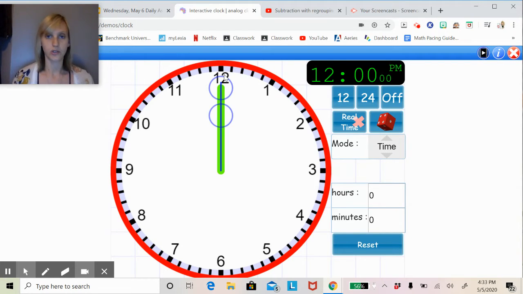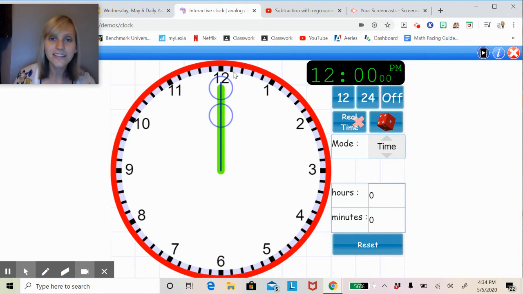Okay, so there's all of these little lines right here, guys, and all of those little lines in between your 12 and your 1 and your 2 and your 3, 3 and 4, 4 and 5, 5 and 6, 6 and 7, 7 and 8, 8 and 9, 9 and 10, 10 and 11, and 11 to 12.